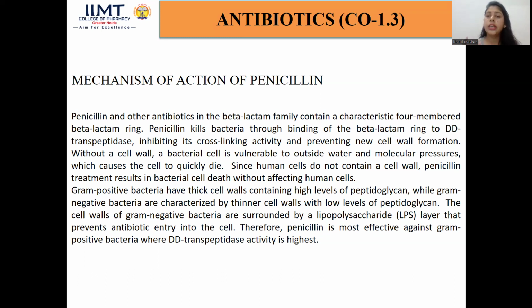So by inhibiting this enzyme, we inhibit cell wall synthesis, and if the cell wall is not cross-linked accordingly, there will be small holes in the cell wall, by which outside water will get inside the bacterial cell, and the cell will burst and show its bacteriostatic or bactericidal effects.